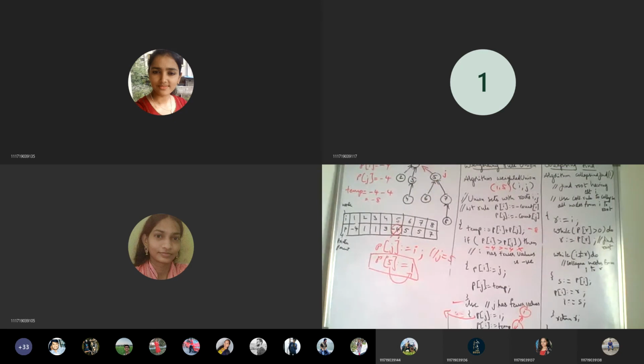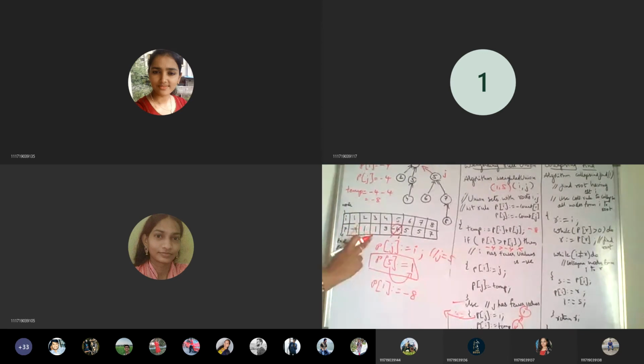added. Okay, so when this is added, then P of I is equal to temp. What is I? P of 1 is equal to temp. So what we got? Temp. So P of 1 wherever it is there, which was minus 4, will be deleted and it will be replaced with minus 8.